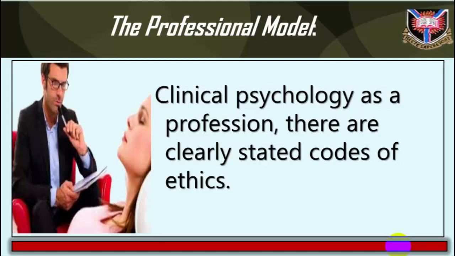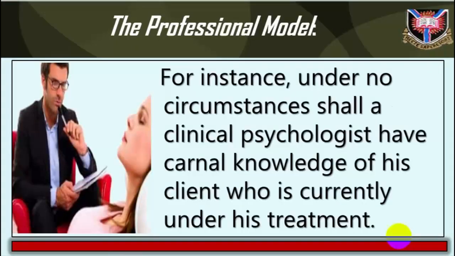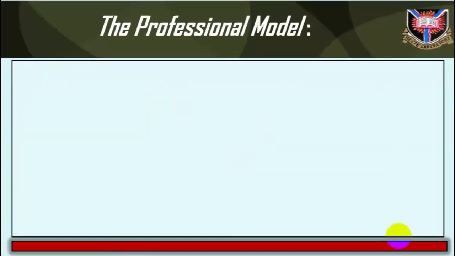B. The training is focused on theoretical knowledge and the tenets of treatment and diagnosis. If you picked A, you are wrong, because a clinical psychologist with only research writing will only be a scientist, while if you picked B, this is right because this is the core component of the professional model.